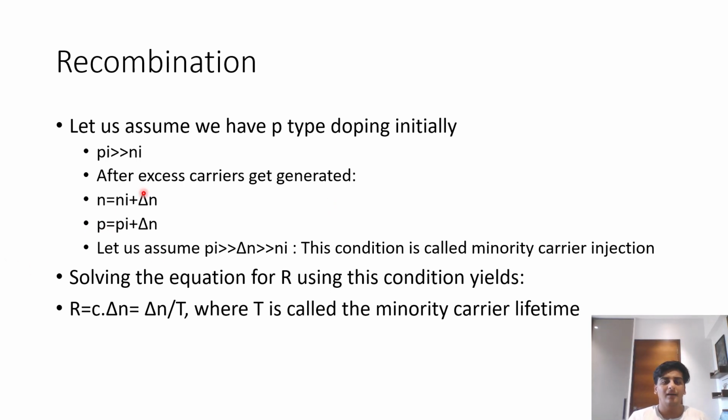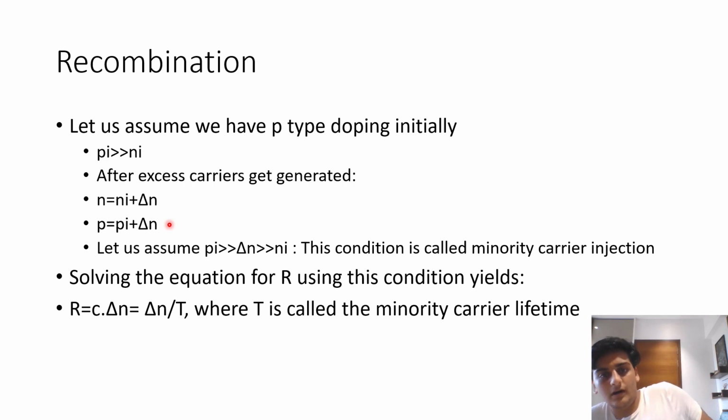Then obviously you have ni plus delta n electrons because you have those many electrons generated, and you have pi plus delta n holes as well. And the reason why we have delta n in both of these is that electrons and holes are generated as pairs. So for every excess electron you get, you also have an excess hole.